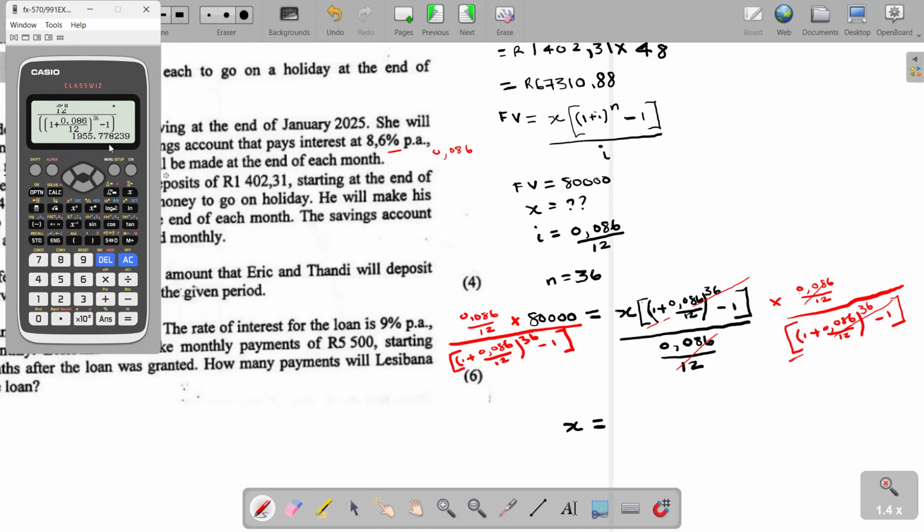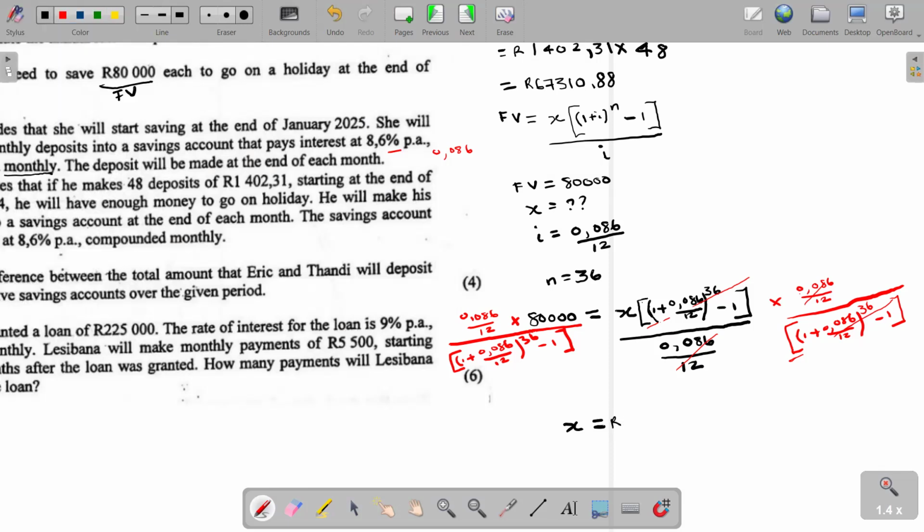And if you round that value to 2 decimal places, we got 1955.778239, but we are dealing with money, so it must be to 2 decimal places.